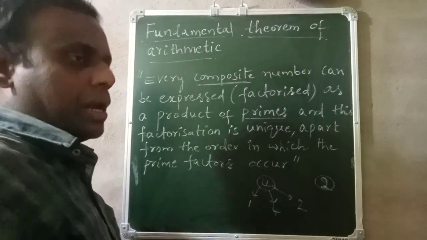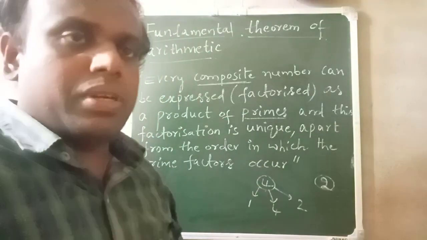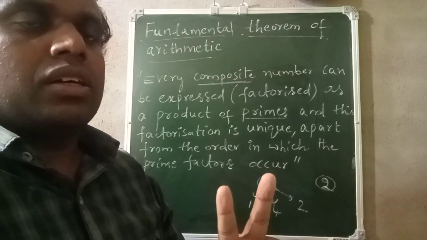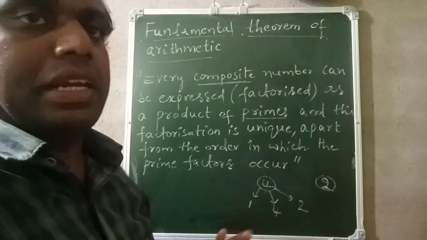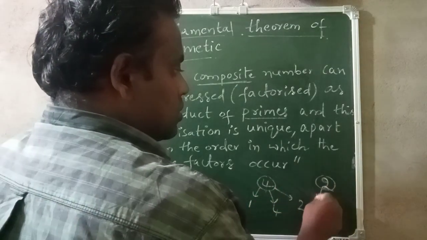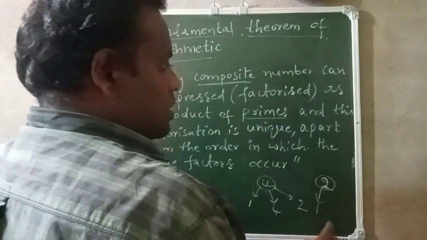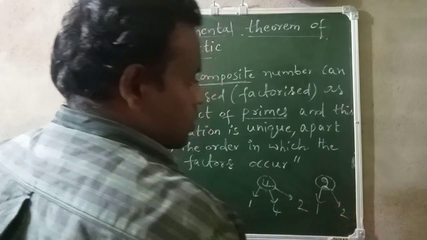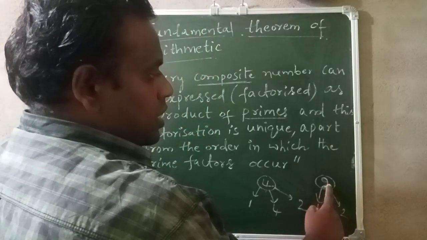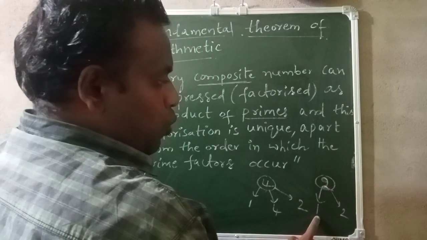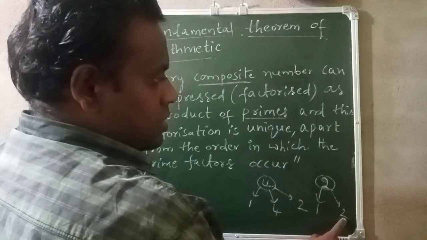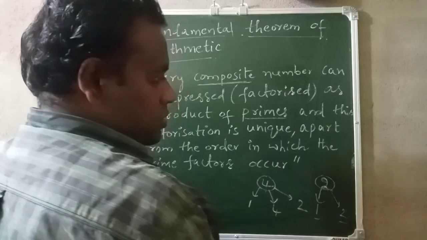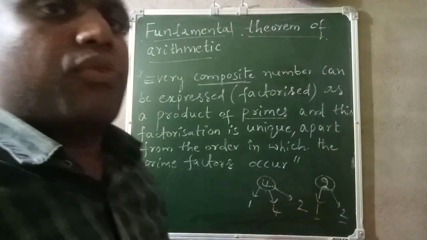Prime number means it has only two factors that divide this number completely. The first is 1, the second is the same number, 2. This number can be divided completely by 1 and the same number. So there are only two numbers, we will say factors.